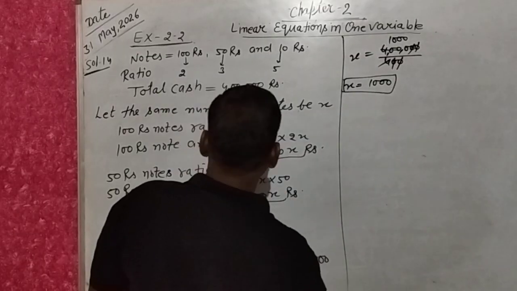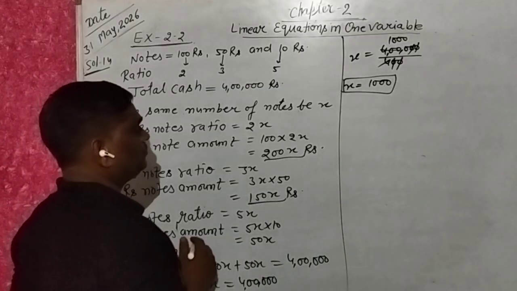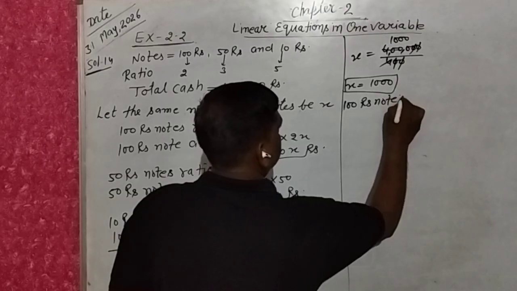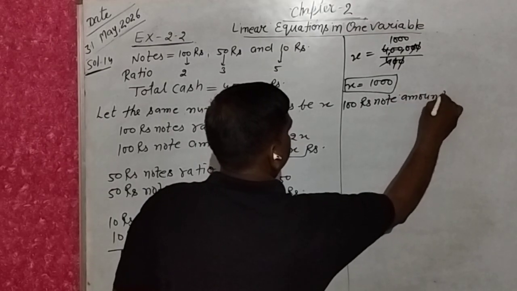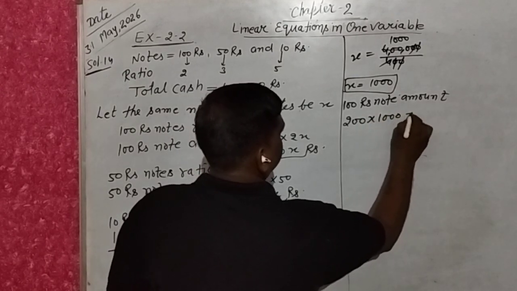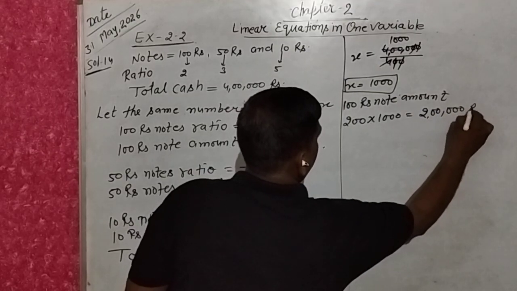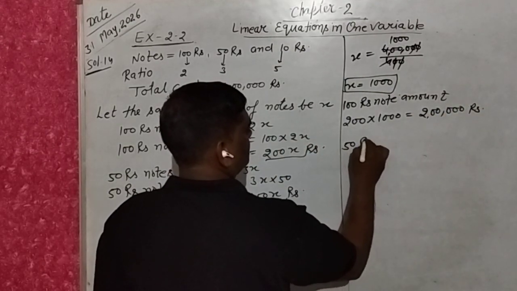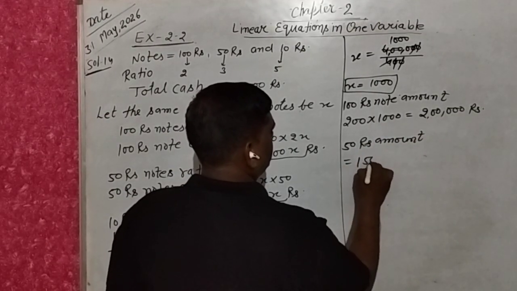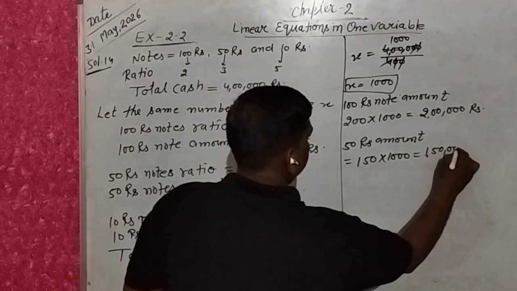See, the 100 rupees notes amount is 200 into 1000, 2 lakh rupees. The 50 rupees amount is 150 into 1000, 1,50,000 rupees.